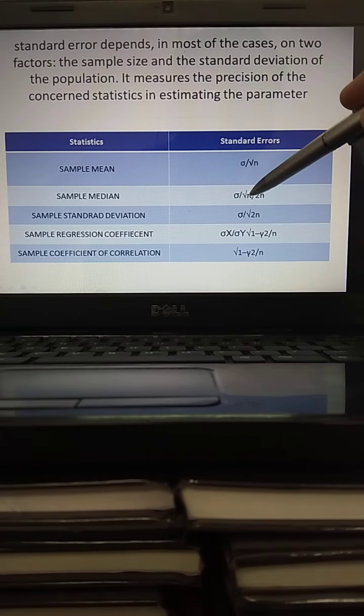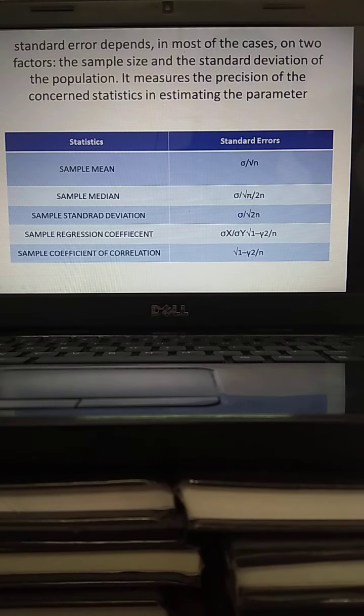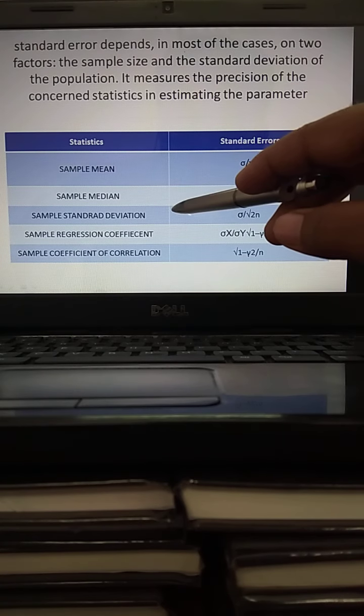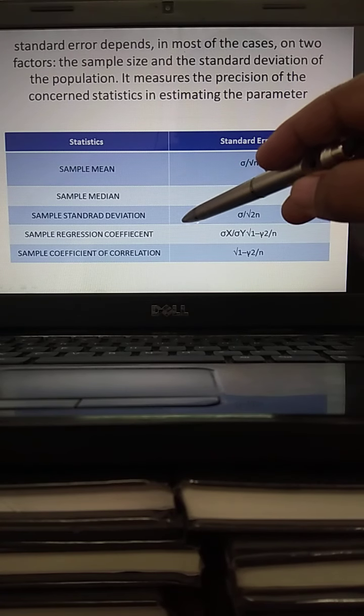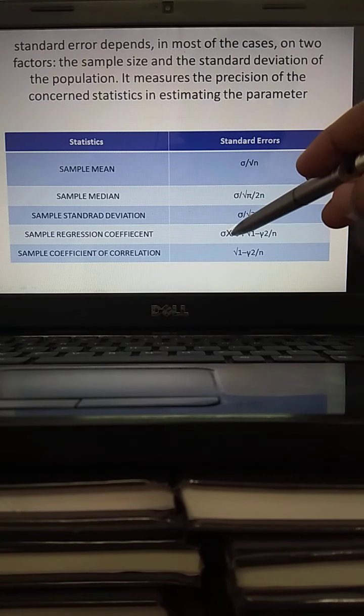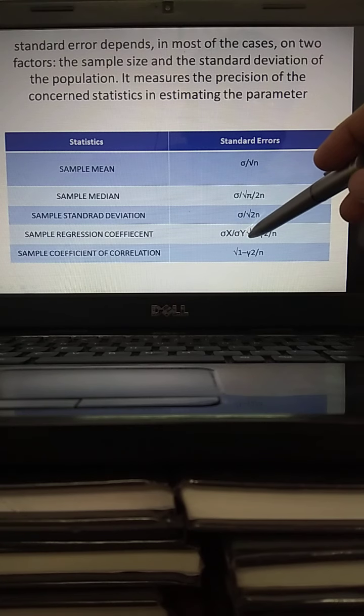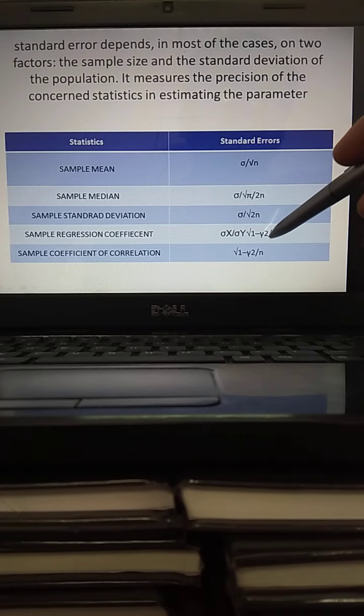Sigma by square root of pi by 2n. What is pi? The mathematical constant, 22 by 7. Now the sample standard deviation: sigma by square root of 2n. For the sample regression coefficient: sigma x by sigma y into square root of 1 minus gamma square.